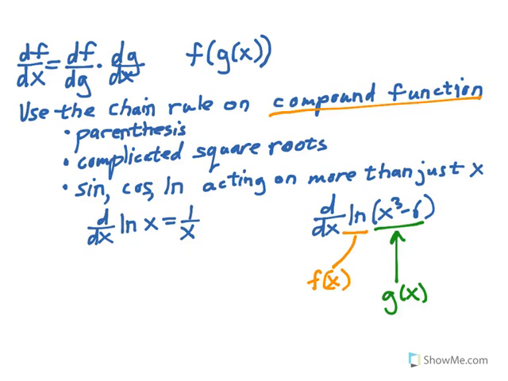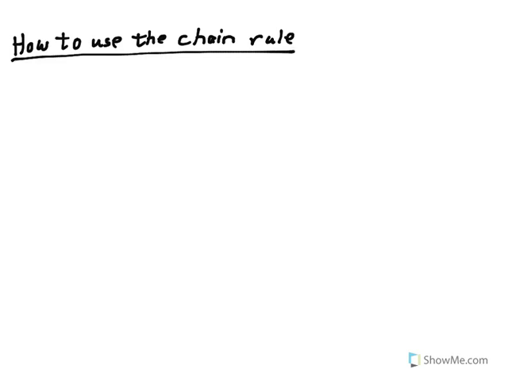All right. The next step is how to use the chain rule. Once you realize that you have to use the chain rule, then let's go about figuring out how to use it. You use the chain rule by following a series of steps. Really, it's pretty generic.